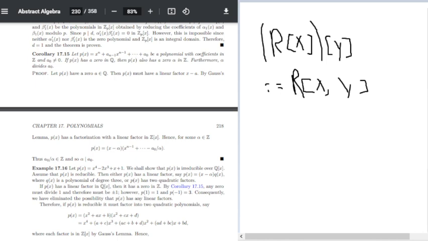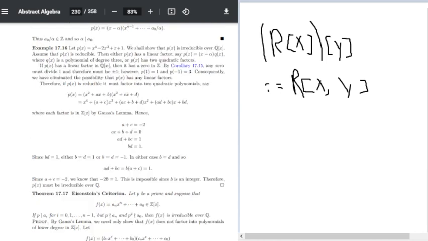Example 17.16. Let p of x be equal to x to the fourth minus 2x cubed plus x plus 1. We shall show that p of x is irreducible over Q[x]. Assume that p of x is reducible. Then either p of x has a linear factor, say p of x is equal to x minus alpha times q of x, where q of x is a polynomial of degree 3, or p of x has two quadratic factors.